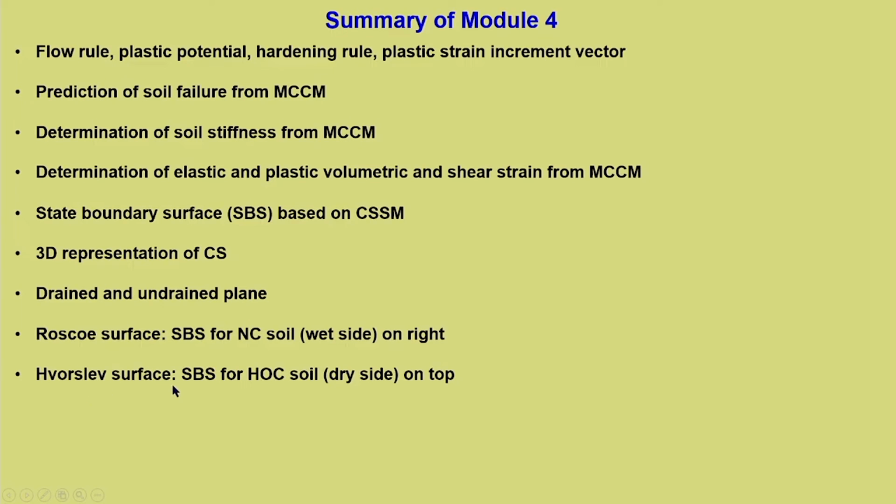Then we have Hvorslev surface, which is the state boundary surface for heavily overconsolidated soil, on the dry side, and this forms the boundary on top, and the tension cutoff zone on the left, and at the bottom we have the axis of the isotropic line, and the same is the mirror image downwards if you talk about extension. So we have discussed basically compression in this particular course.